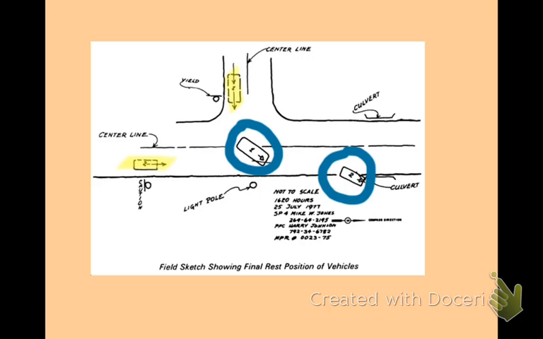Notice that it says not to scale. We have date and time. We have a compass pointing north. And then the information about who collected the information. Also notice you have little arrows showing the front of the car and direction of travel. It's very important because if you just have a rectangle, you don't know what direction is facing forward.